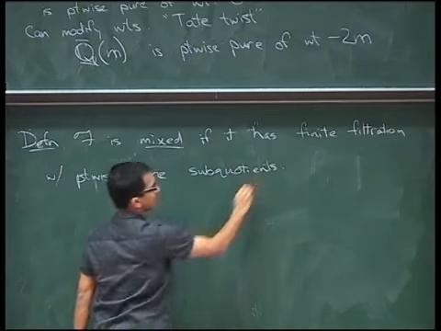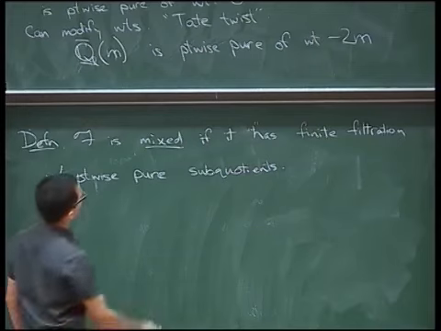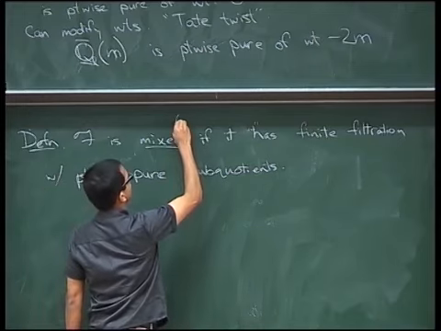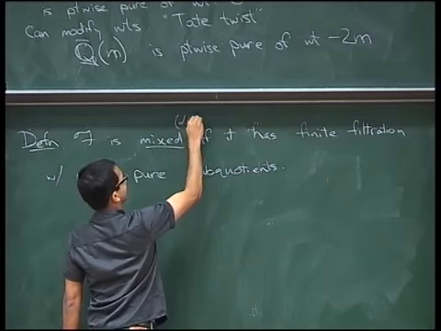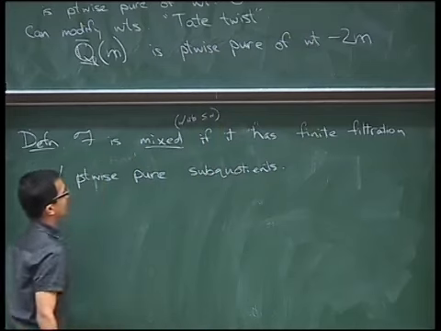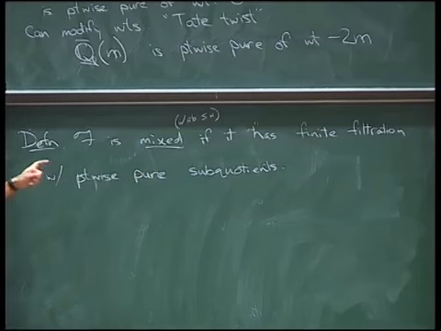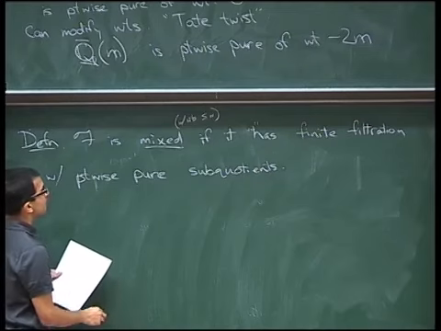So this is still a statement about a single sheaf, and then typically you'd say mixed with weights less than or equal to W, if all the pure subquotients that you get have pointwise weight less than or equal to W.